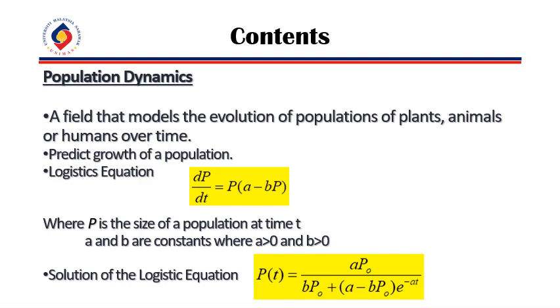This is what we learned in the previous lesson. I just recall it so that you can compare the difference between the exponential growth and decay that we learned previously and this population dynamics, or logistic differential equation.